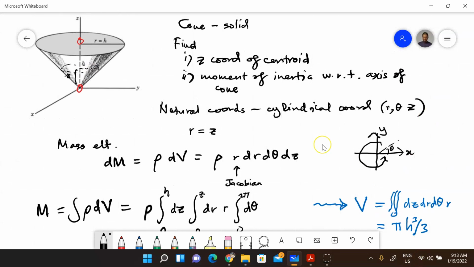If you think about the coordinates of the centroid in terms of x and y, what would be your guess? Anyone?